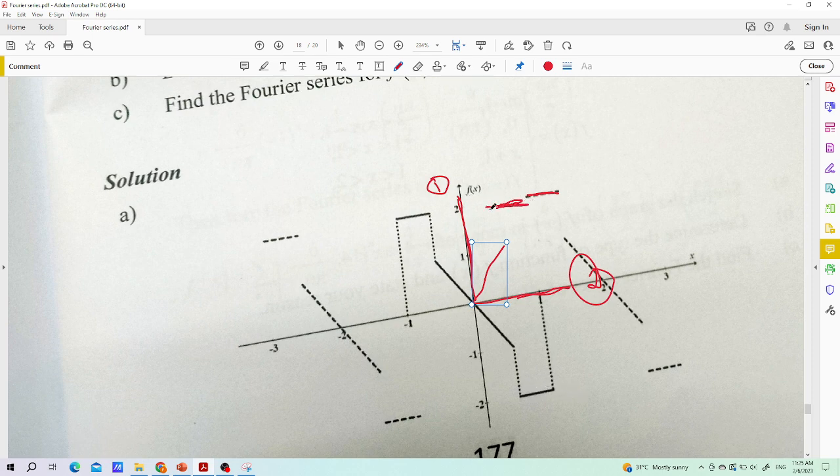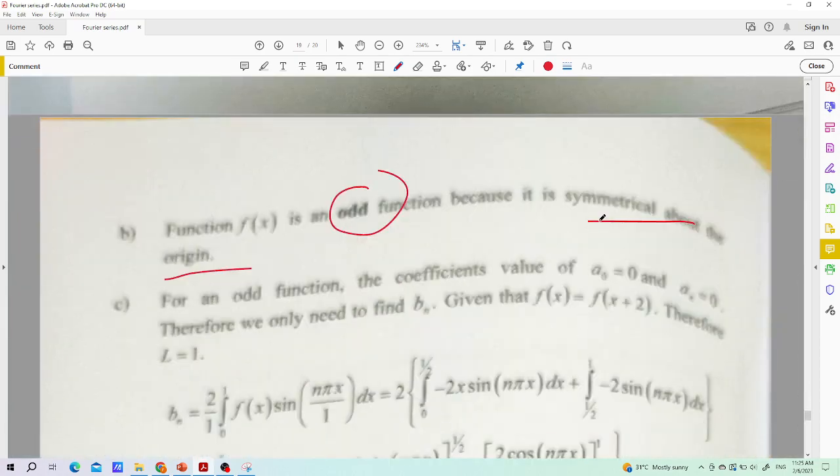Sorry, this becomes this, we need to delete this. This becomes this. That's why we call it symmetrical about the origin.